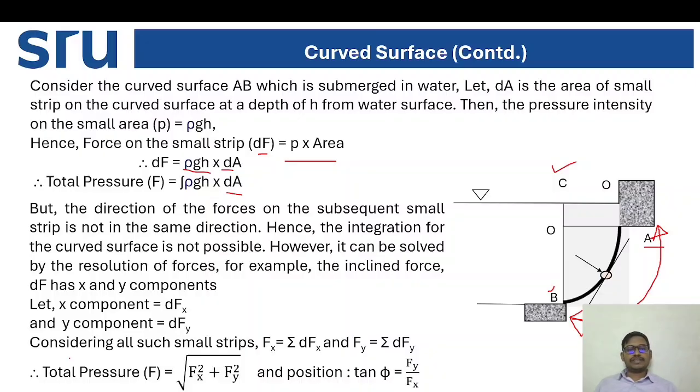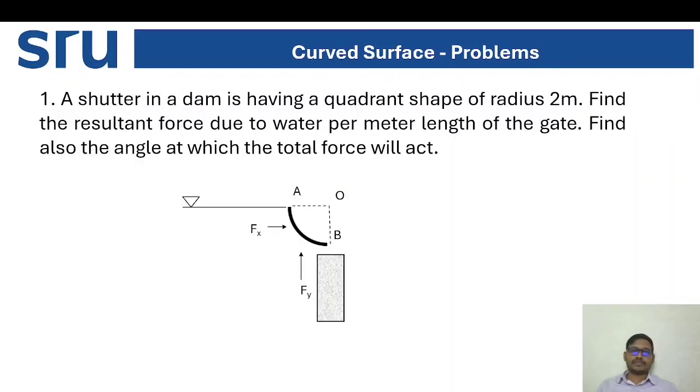So here we can see the total pressure with respect to the x component is Fx, and the y component is Fy. Total force is equal to the root of Fx squared plus Fy squared, and tan phi is equal to Fy by Fx.